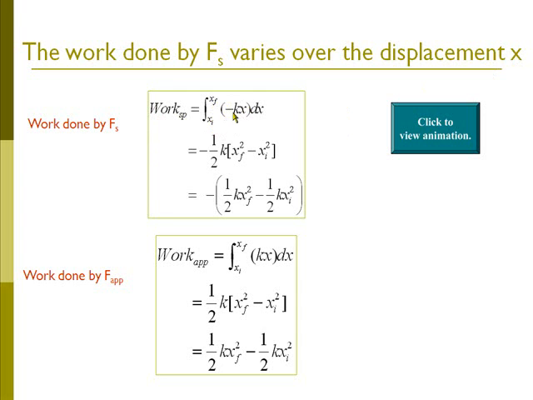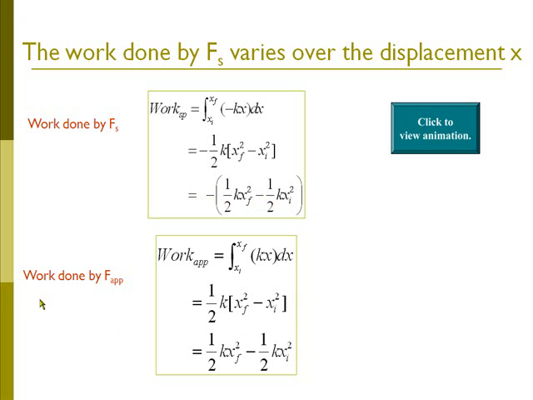We've got the spring force, negative kx, dx, the infinitesimal displacement. When we perform this integral, we get minus a half k, parentheses, x final squared minus x initial squared. Rearranging the terms in the parentheses, we get the work done by the spring force: negative 1/2 k x final squared minus 1/2 k x initial squared.